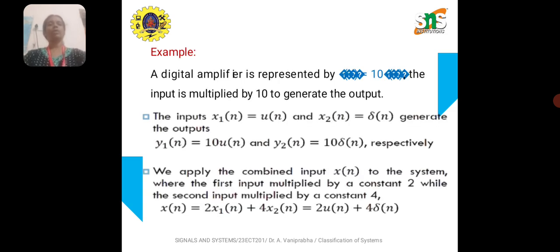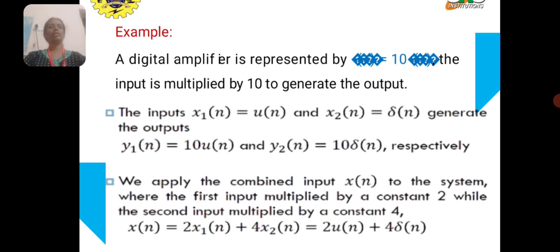For example, we can understand the property of linearity with a small numerical problem. A digital amplifier is represented by y of n is equal to 10 x of n. So how can this linearity be checked? As per the procedure, the given input has to be decomposed as x1 of n and x2 of n.